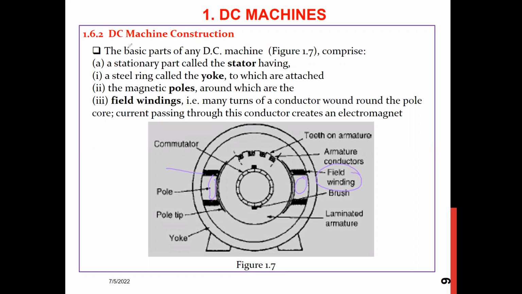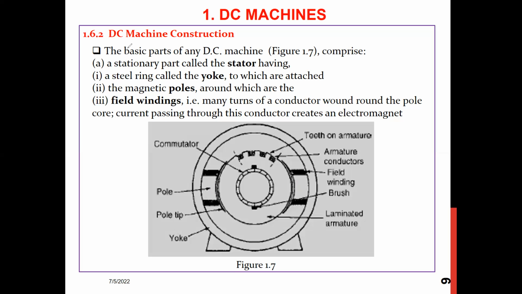Now this is another field winding. The field windings are many turns of a conductor wound around the pole core. Current passing through this conductor creates an electromagnetic field.